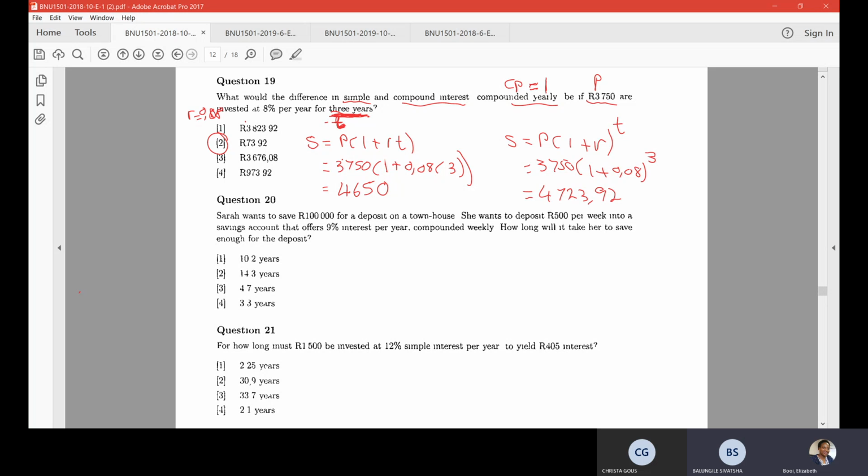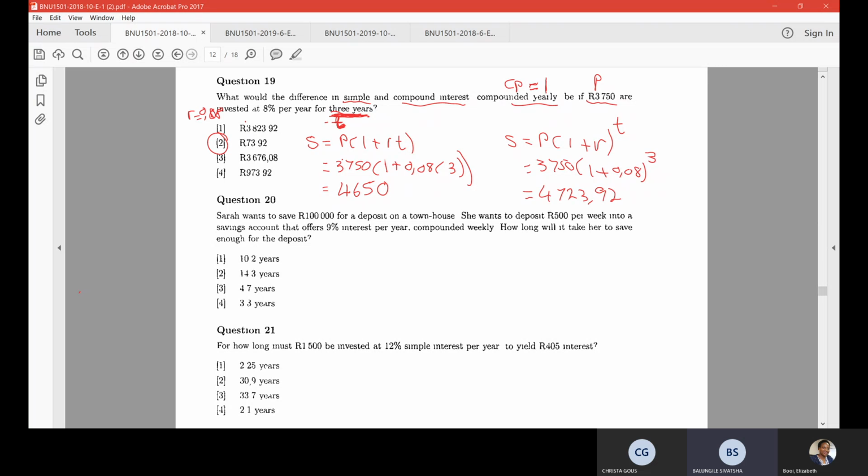Now, Balungile, what kind of calculator are you using? I'm using the Casio, not the natural display. No, Miss, my problem is doing 0.08 divided by 1, and as I see here, you didn't put that divided by 1.